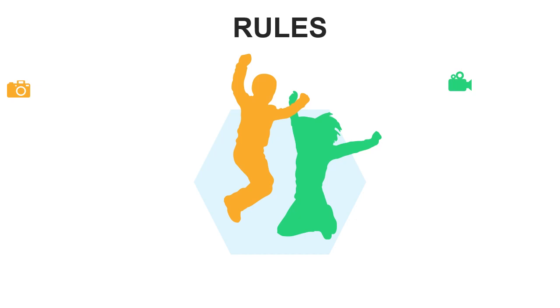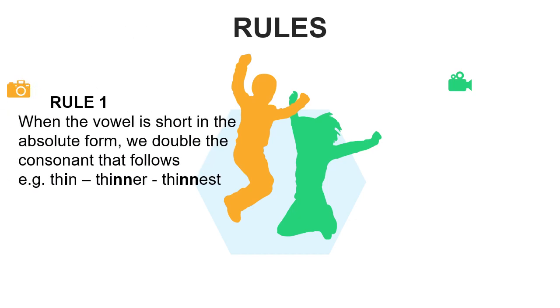Here are some of the rules. Rule number 1. When the vowel is short in the absolute form, we double the consonant that follows.